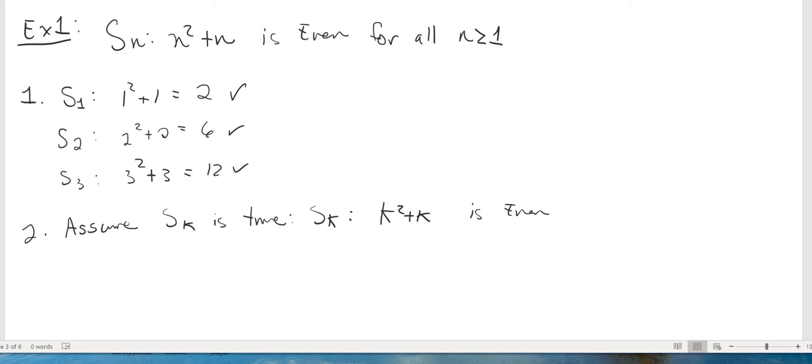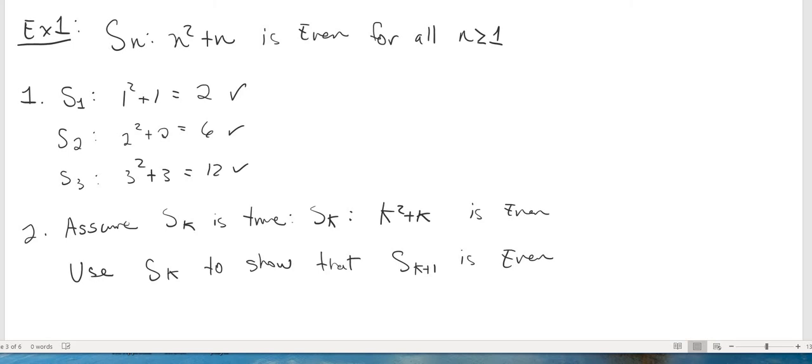So what we're basically saying is that we have to use Sk to show that Sk plus 1 is even, right?